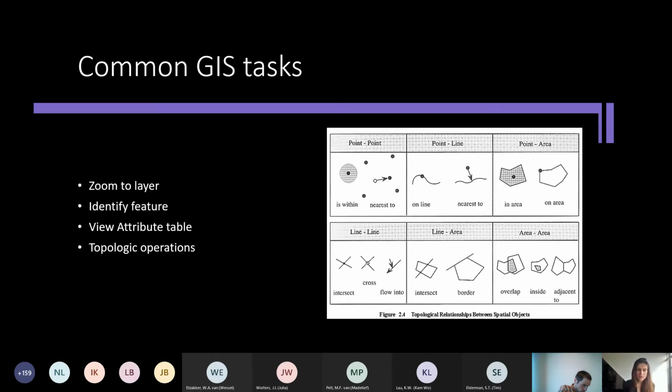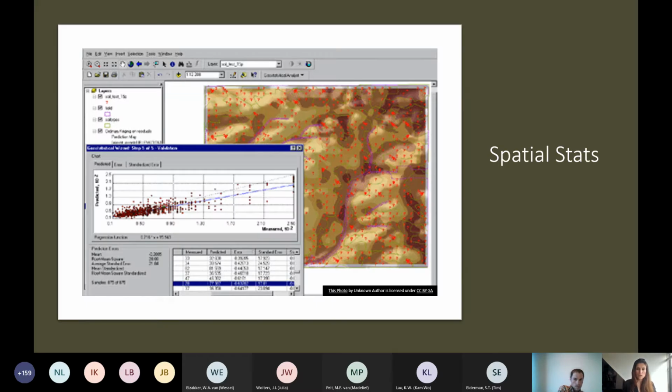These are all very common and easy to do topological relationships with GIS. You can also run advanced spatial statistics using GIS. This is a really common function in GIS for science and environmental science in particular.